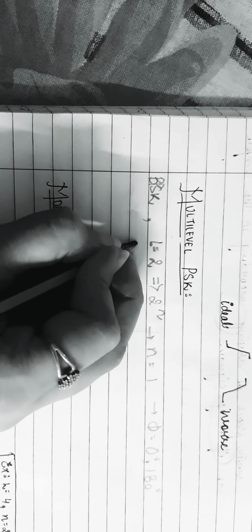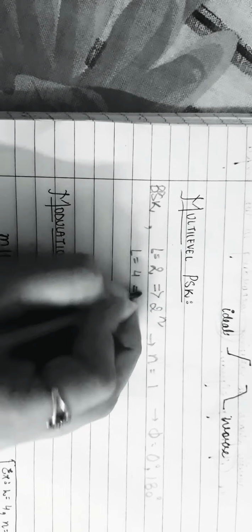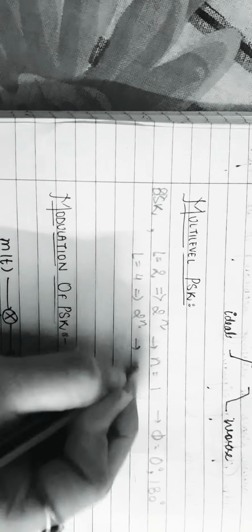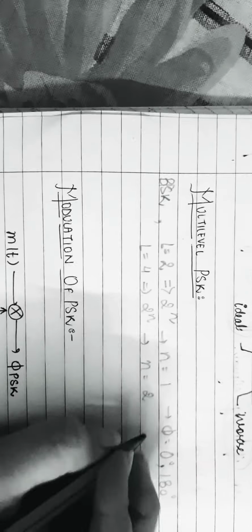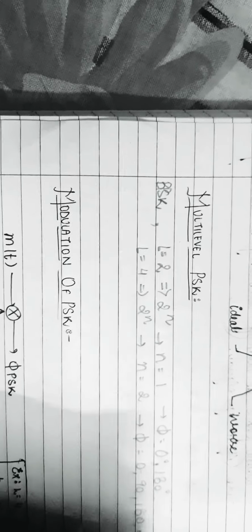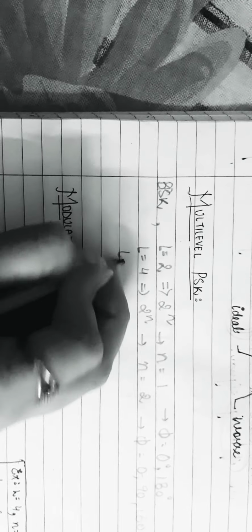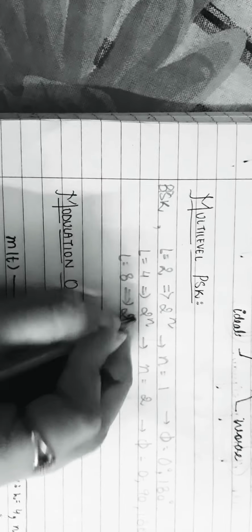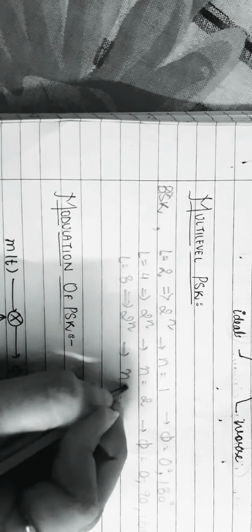Similarly, if we take L equal to 4 and compare it with 2 to the power n, then n is equal to 2. So your phase angle phi will be 0, 90, 180 and 270 degree. If we talk about L equal to 8, compare it with 2 to the power n, so n is equal to 3.